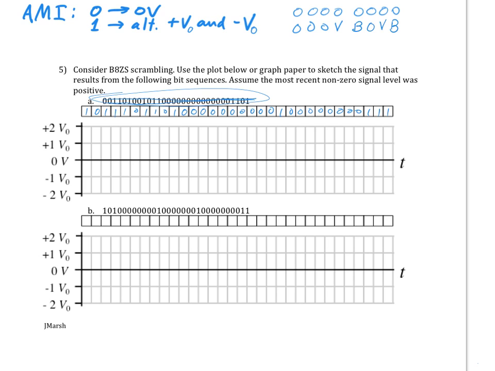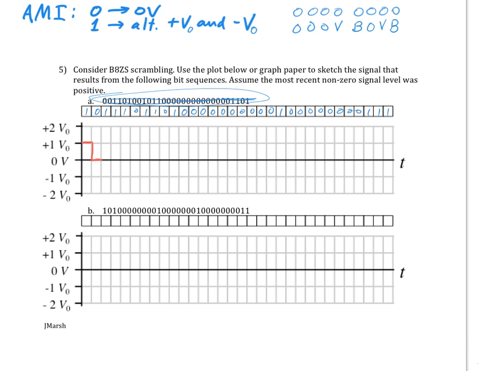So what we'll do is start with the 1. The 1 here means that we're going to have either a plus or a minus V, and we have to choose. Let's suppose that we start with a plus V here for that 1. Then the 0 gives us a 0 voltage.